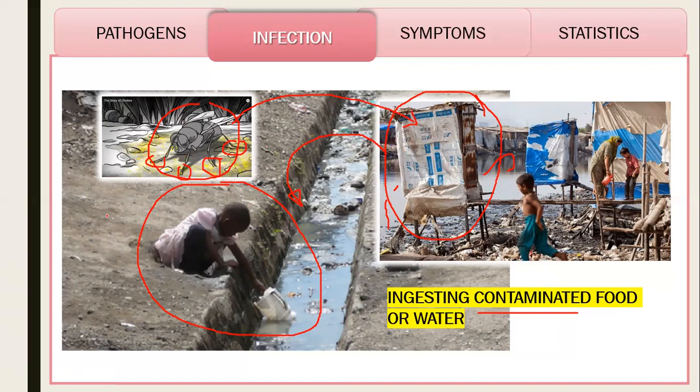So we can also be infected by the bacterium when insects such as houseflies transmit it. So what happens if they infect our body?